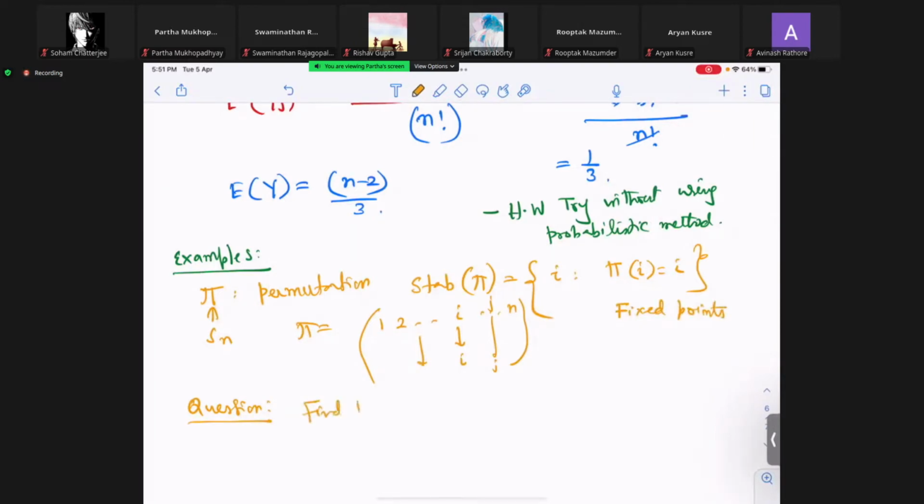So the question: find the expected number of fixed points in a random permutation pi.